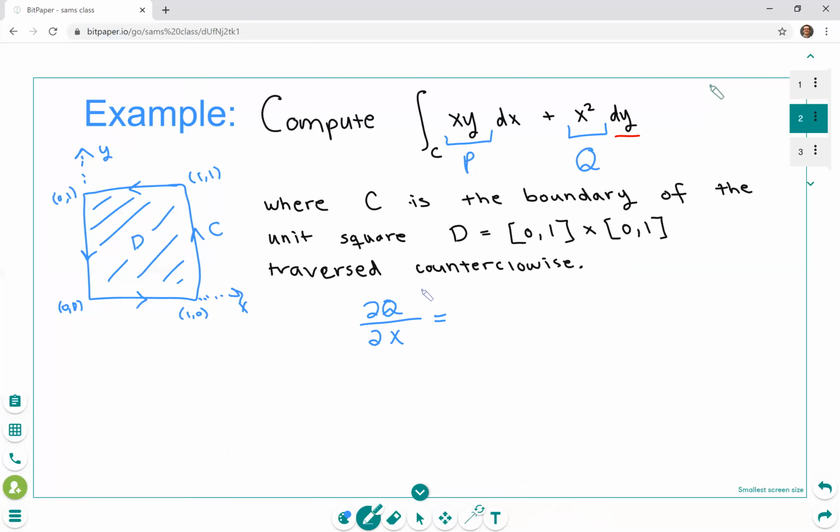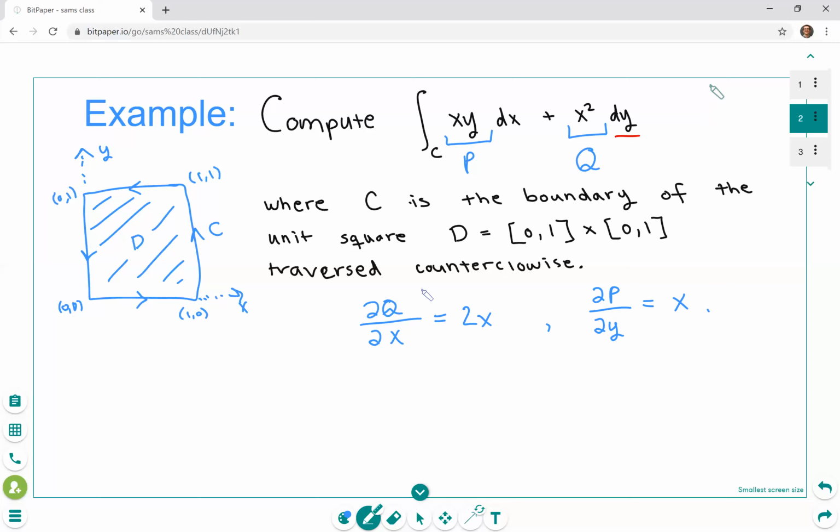Right, this is of course just 2x. And then again, just do the opposite. P is the function multiplied by the dx, so you take the partial with respect to y. With respect to y, you just get x.